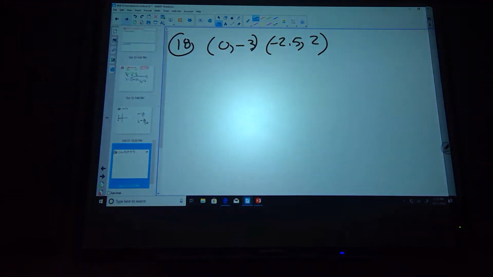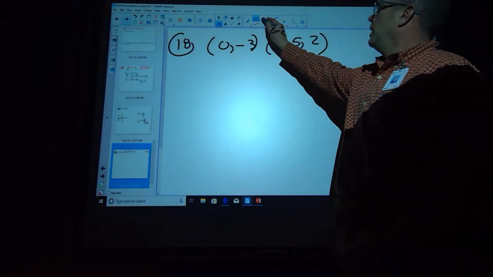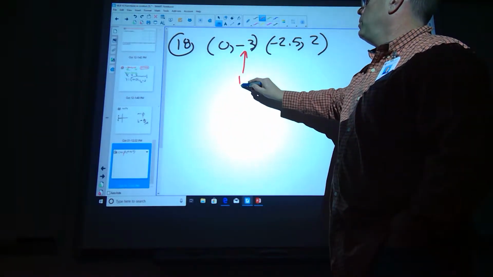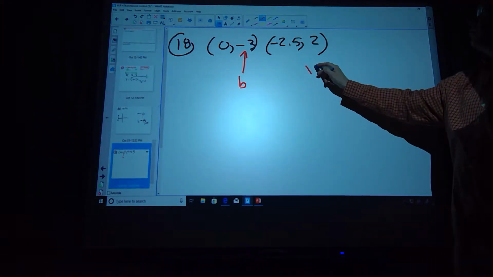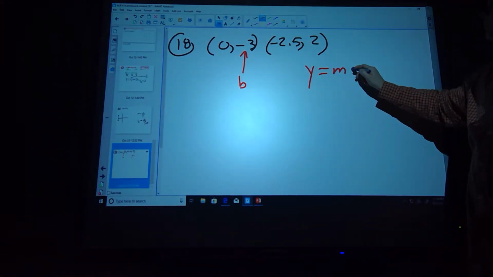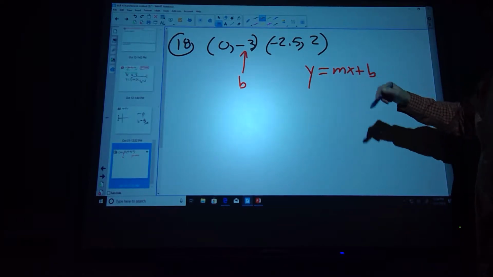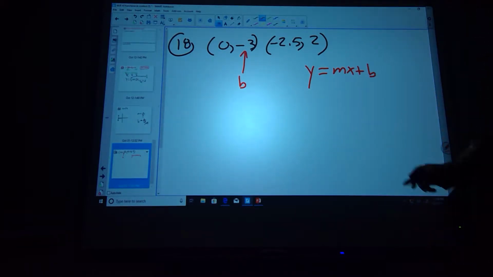One of those points is special because one of them is going to be the y-intercept. Which one? 0, negative 3 is the y-intercept. So this right here is my b value. Remember, I'm going to use this equation. What's b got to be equal to? Negative 3.